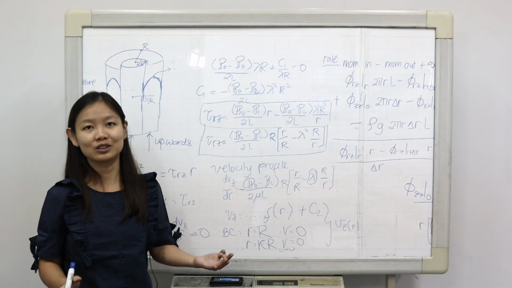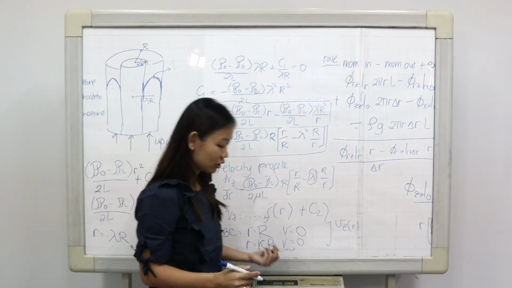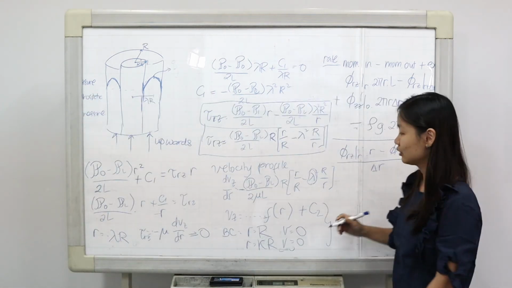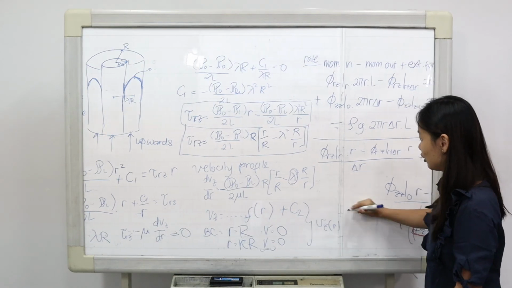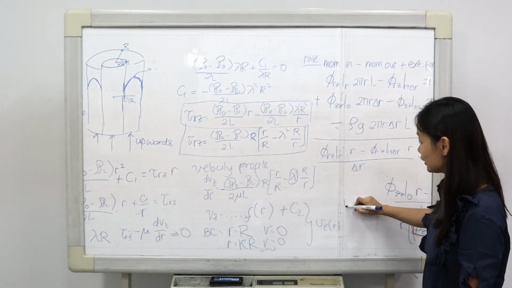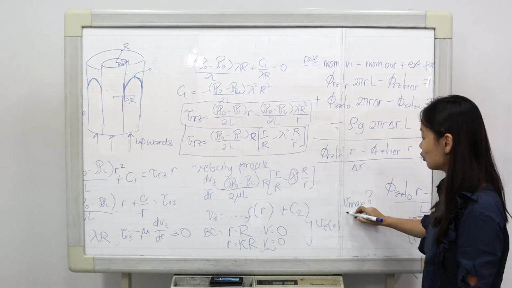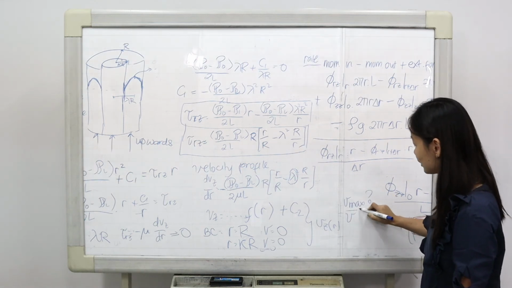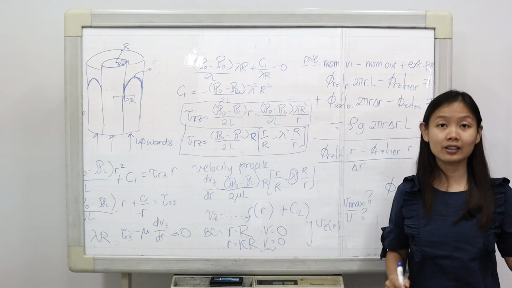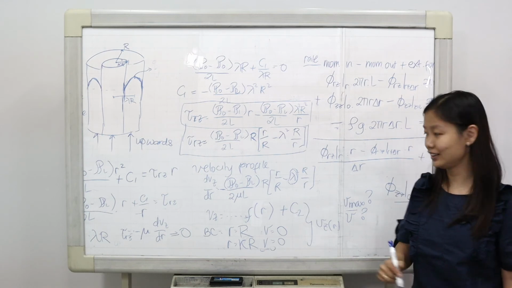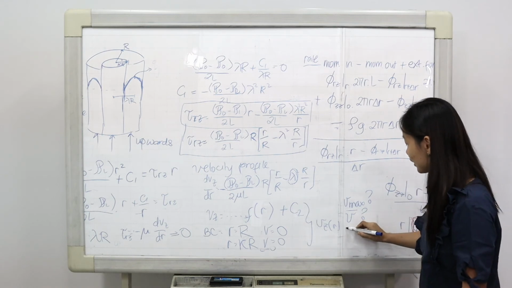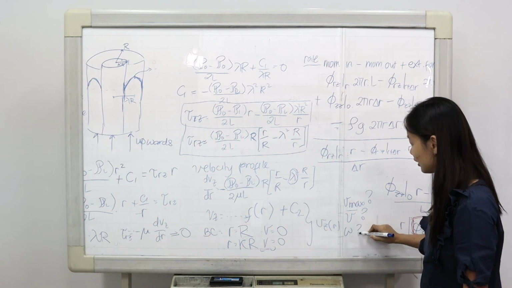Then, after that, you can try to determine the maximum velocity equation, the average velocity equation, just like what you got yesterday, and the mass flow rate.